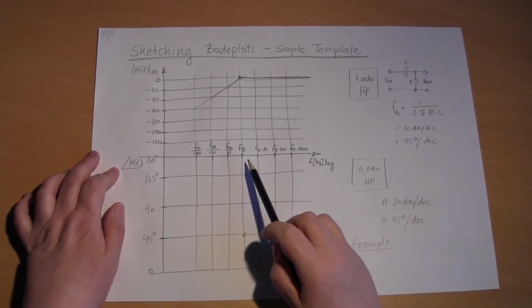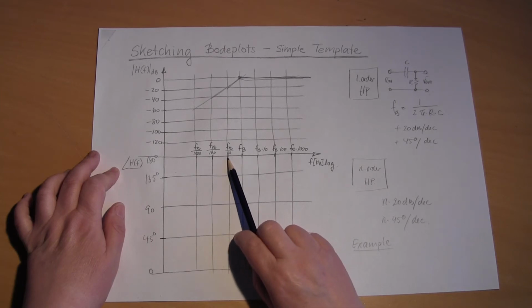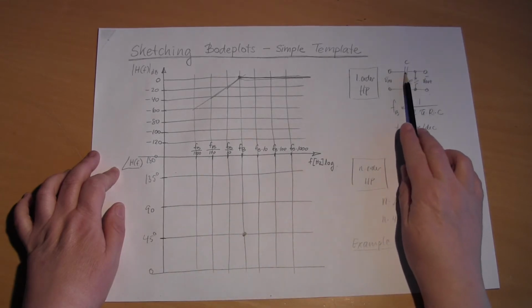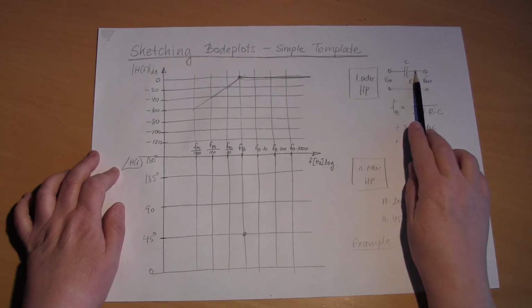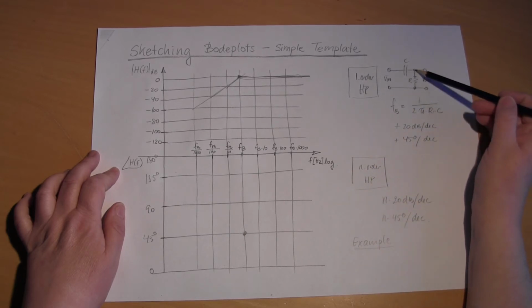When it's below the break frequency, it will actually behave as an almost open circuit because the capacitor is phase shifting the current, and then on the output we will have the full phase shift.